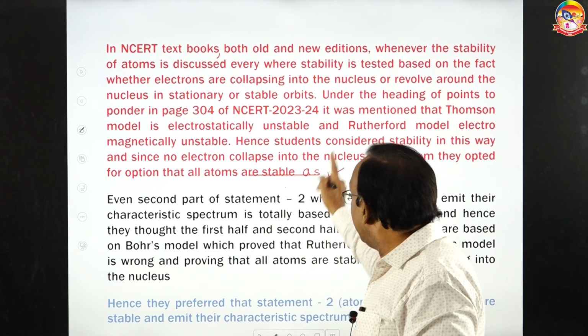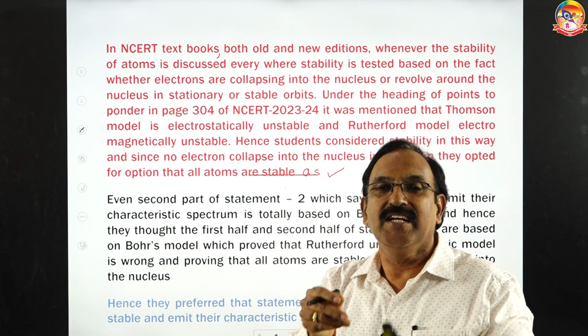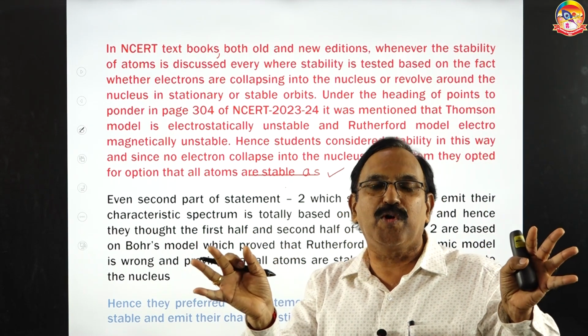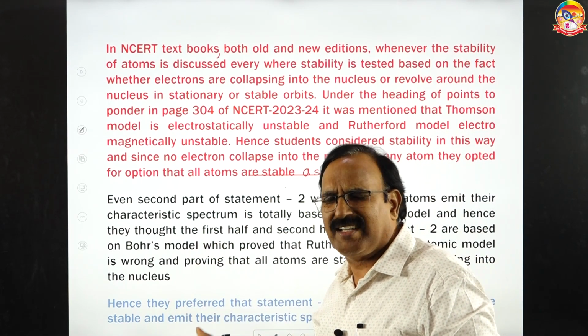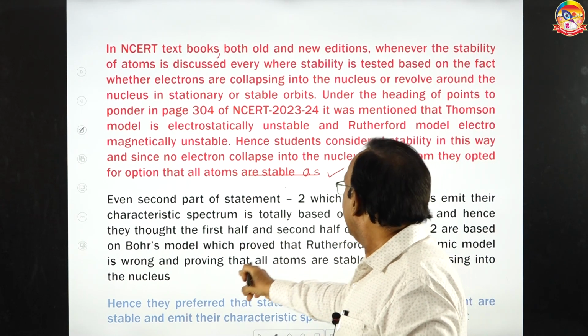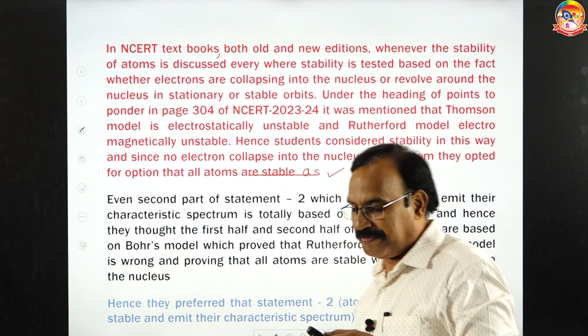So even the second part of the statement gave them the hint that you read statement 2 under the heading of Bohr's model, and according to Bohr's model you decide the stability. That's what they thought is a 100% correct thought. Who can prove that it is wrong? And they went for statement 2 as the correct statement.